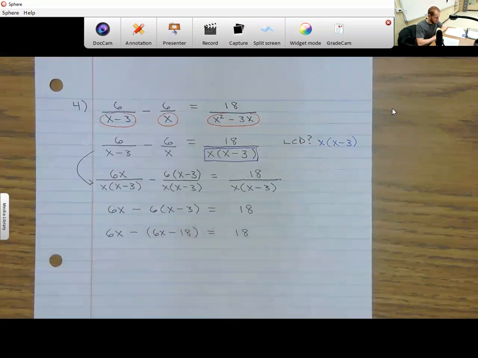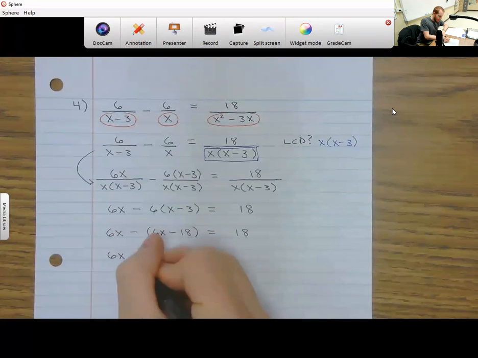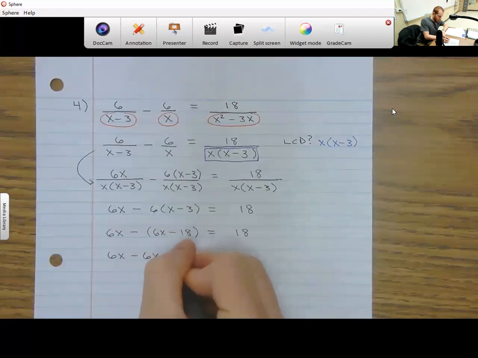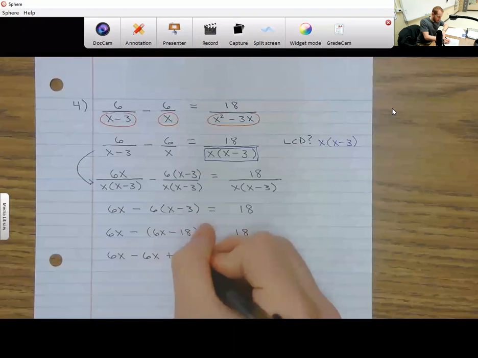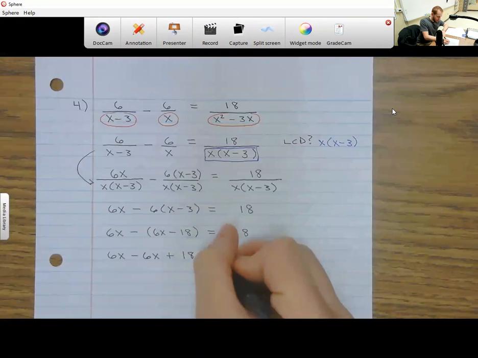Okay. And since I have that minus out in front, that's going to also distribute to everything on the inside. So I'm going to have 6x minus 6x. And then I have a minus minus, which of course is a plus. So plus 18 equals 18.